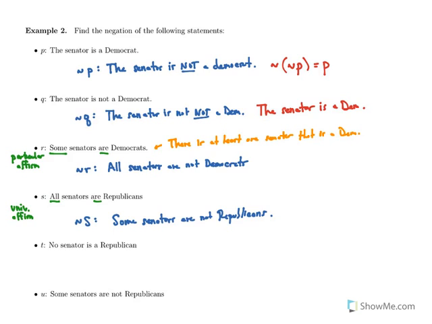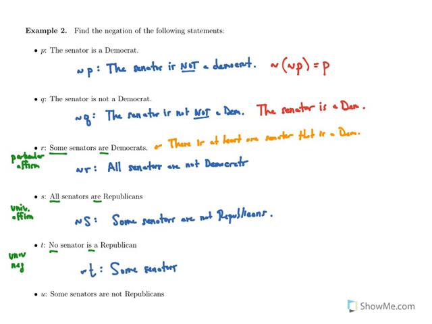All right, next one, we have no senator is, that's going to be our universal negative or negation. No senator is a Republican. The opposite of that is going to be, we're going to go from universal to particular. So that's going to be some senators, and we're going to negate the Republican.